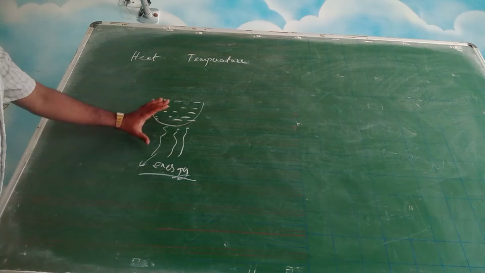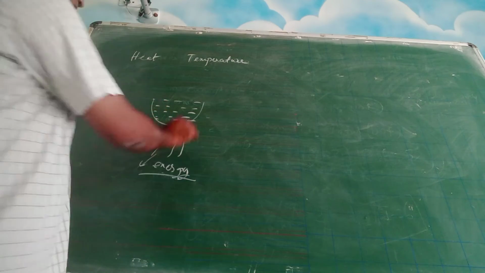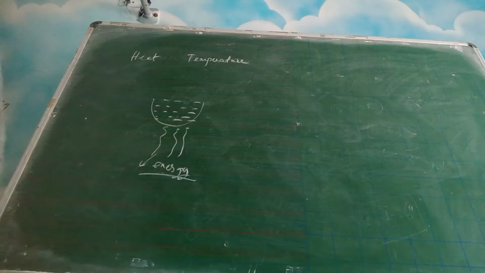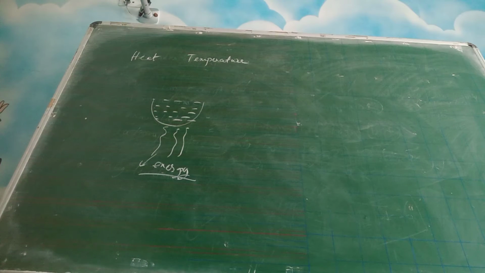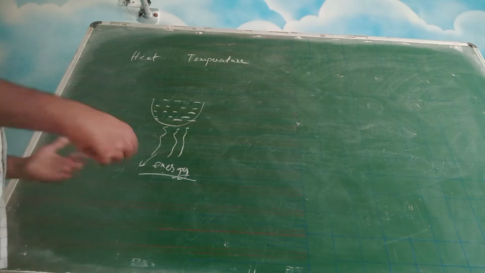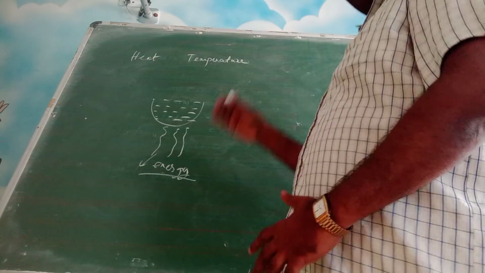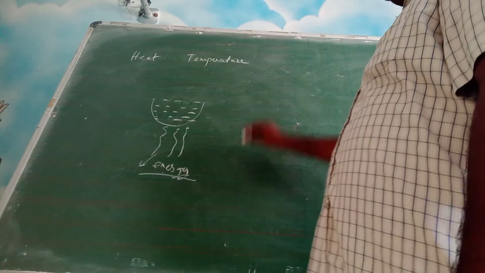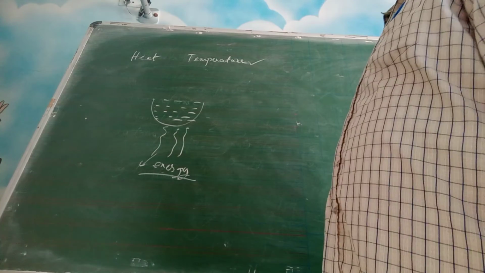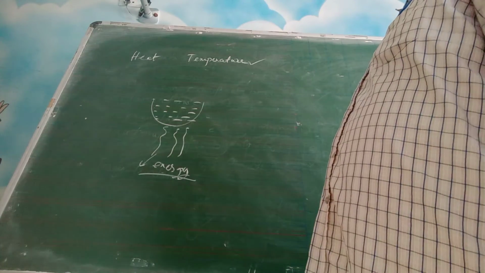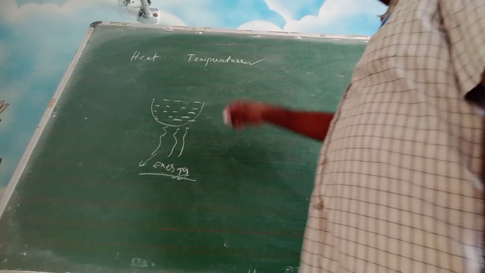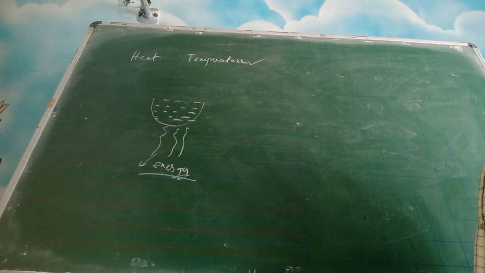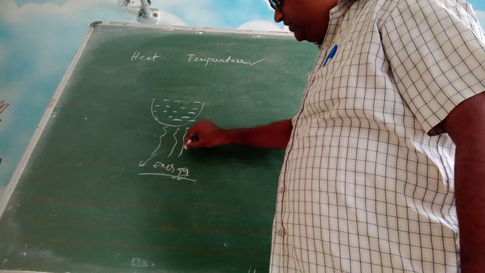By giving this energy, these molecules will have more kinetic energy, and when this kinetic energy increases, there will be rapid movement up and down. So temperature is a measure of how rapidly the kinetic energy is increasing basically, and this energy what you are supplying is basically heat energy.